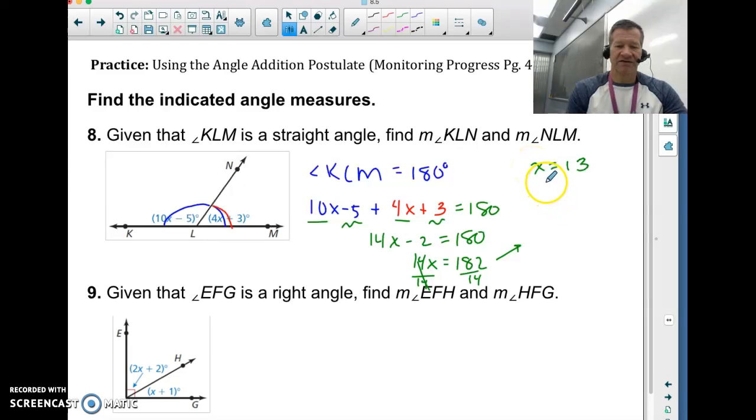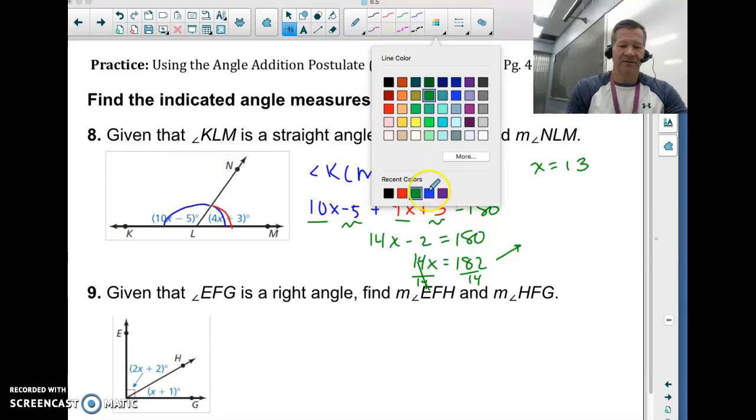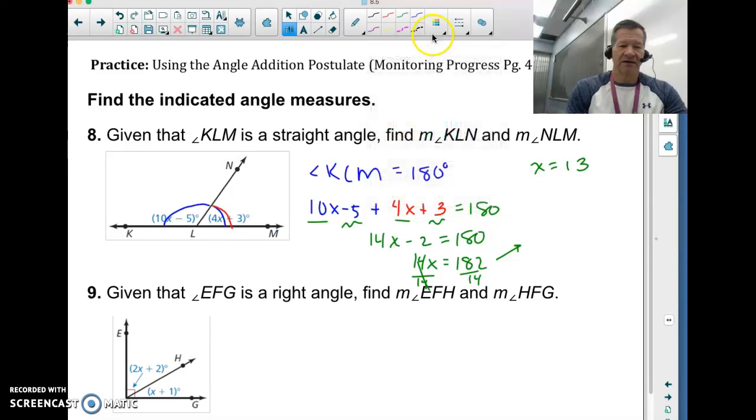Now that I know x is 13, I can easily find my two angles. Angle KLN is 10x minus 5, so 10 times 13 is 130, minus 5, which would be 125. So the measure of angle KLN is 125.